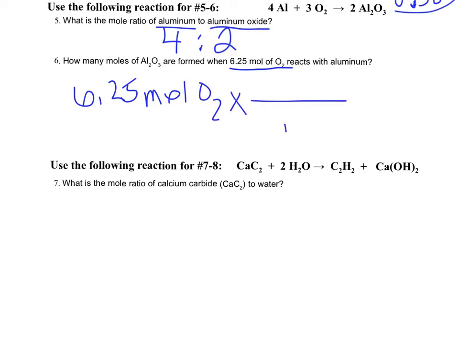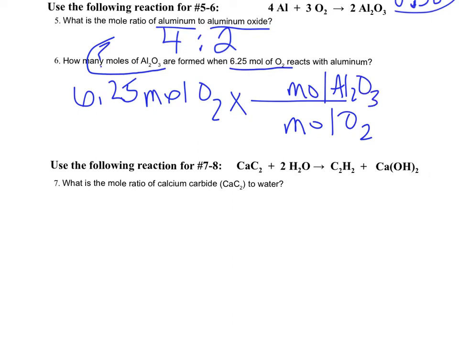So that means moles of oxygen is to the bottom first. And you're asked to solve for how many moles of aluminum oxide. So you've got moles of aluminum oxide to the top.